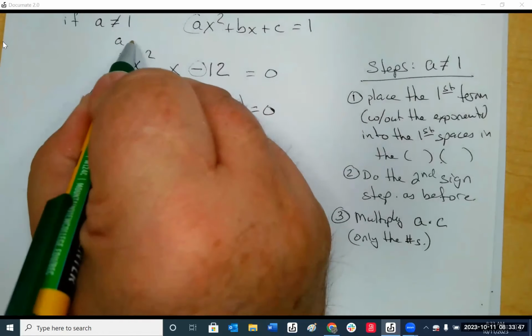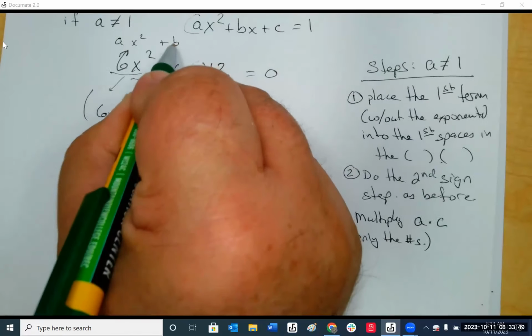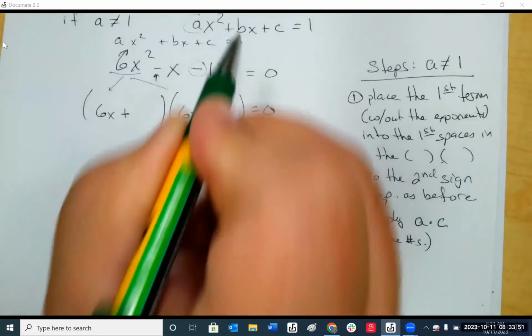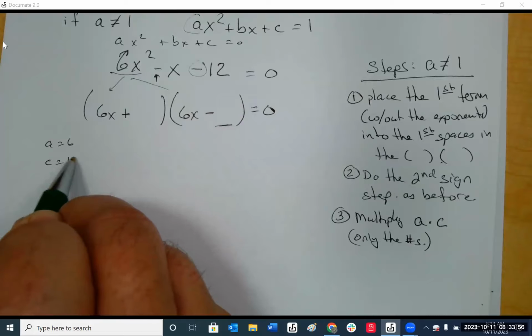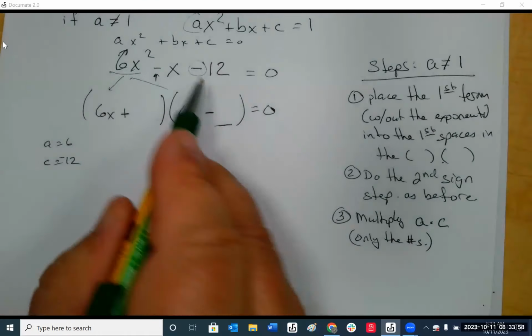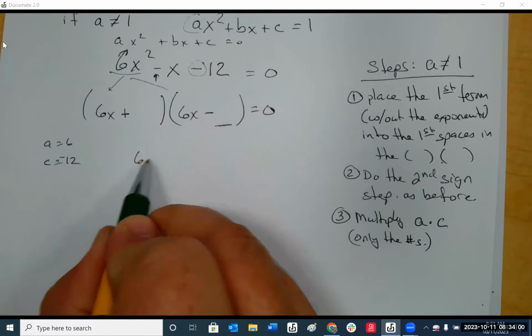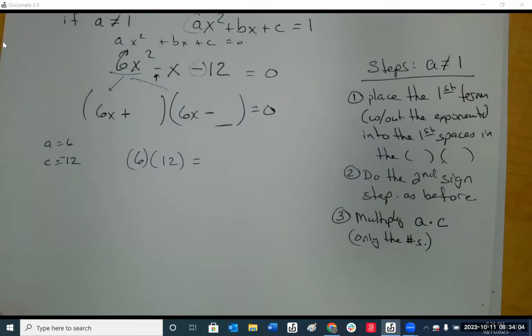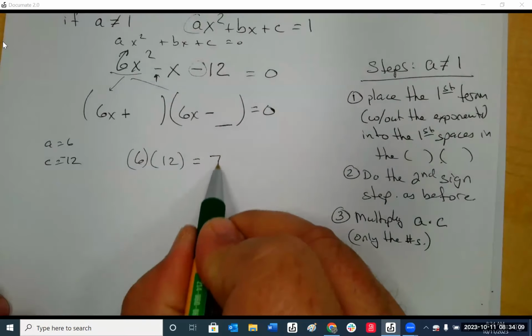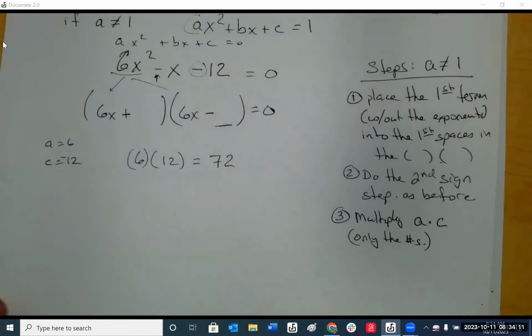So remember, ax squared plus bx plus c equals 0. The A term is 6 and the C term is negative 12, but we're just going to multiply 6 times 12. That equals 72.